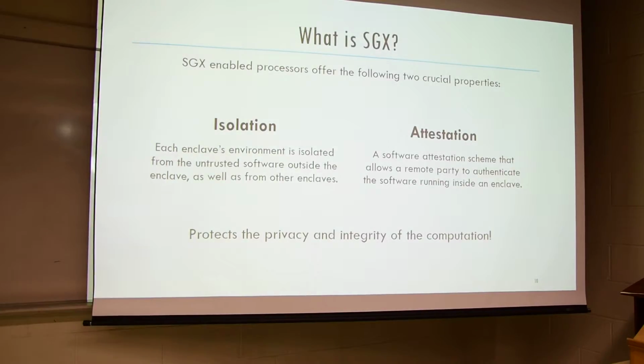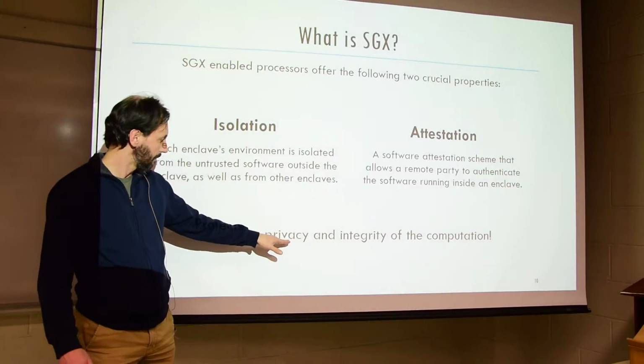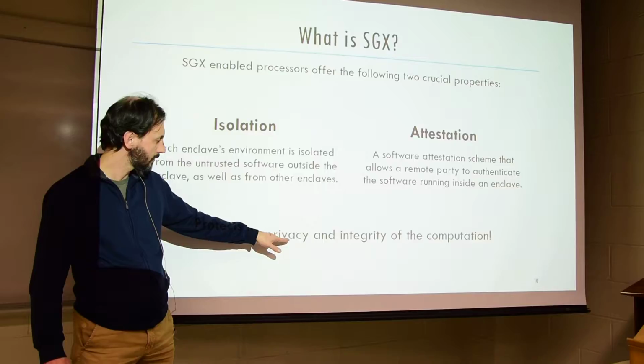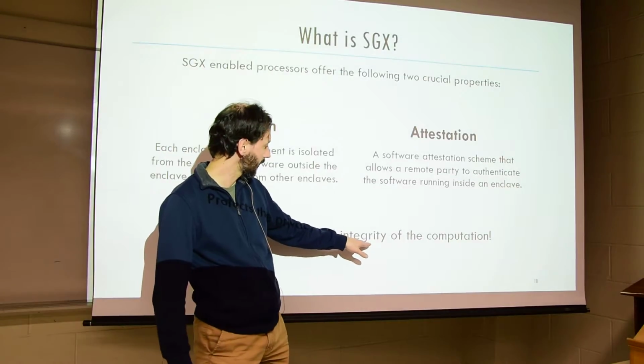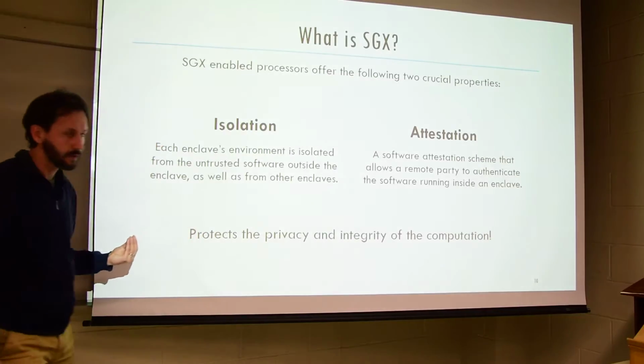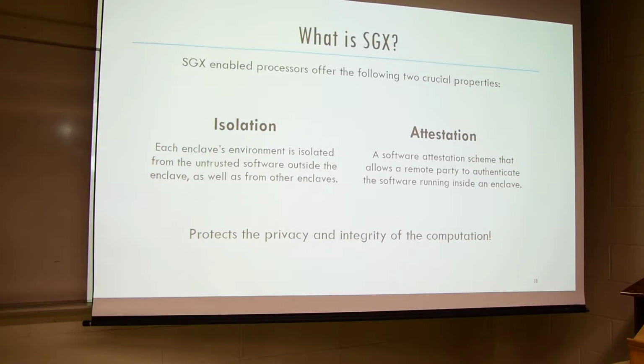So we want to protect the privacy and integrity of the computation. Privacy means it's confidential, and there's no information that leaks. Integrity means actually here, I want to make sure that the computation uses the right data, right? So if I'm going to replay data with older data, we talked about it a little bit last time, well, the computation is not correct. I may trust that the actual code is being executed.